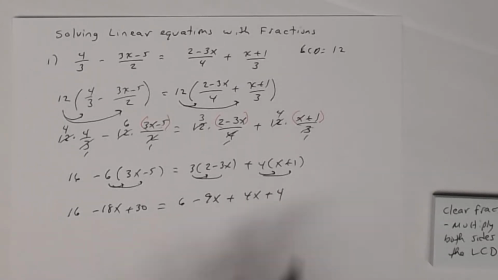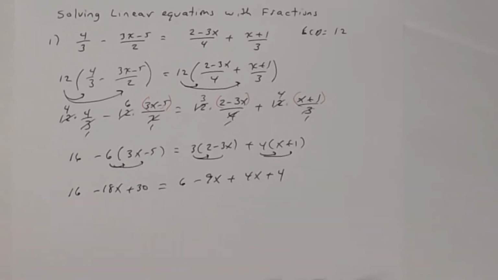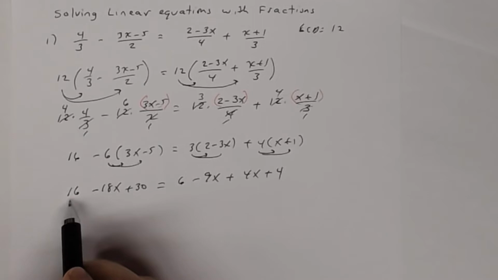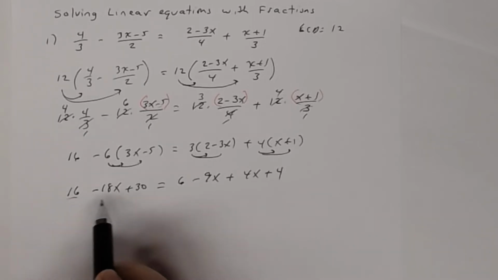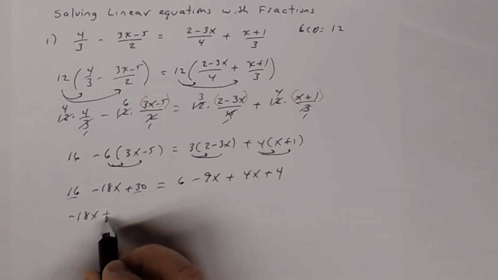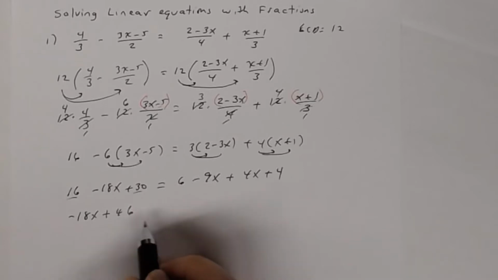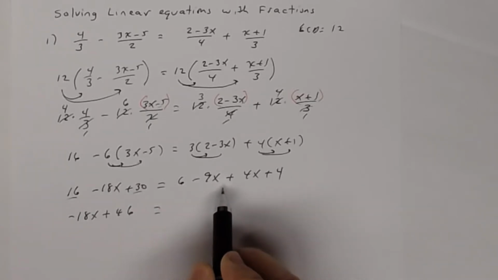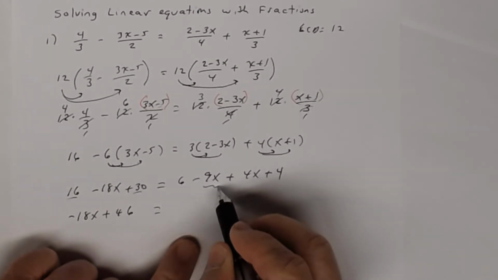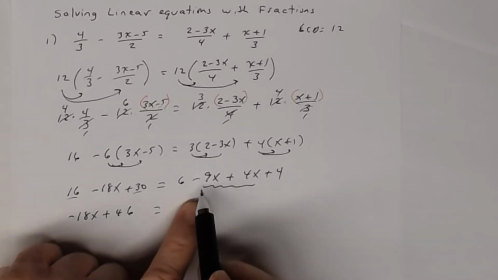All right, at this point, you're going to combine like terms. So on the left side, the only terms I can combine that are like terms are these constants, 16 and a positive 30. So combining those, I get a negative 18x plus 46 equal. On this side, let's go ahead and combine the variable terms first. A negative 9x, see, that's a negative 9x. So if you combine those two, you got to remember this is a negative 9x.